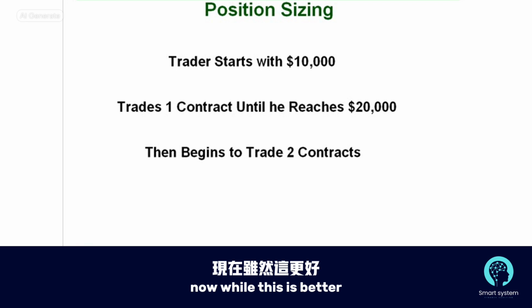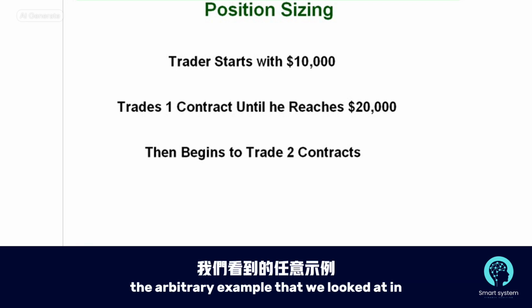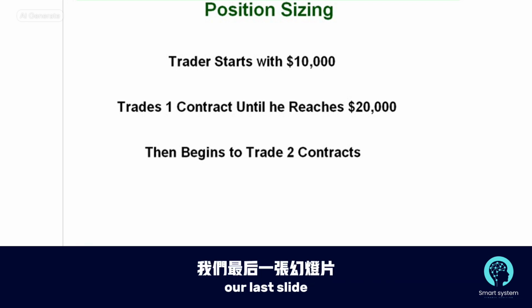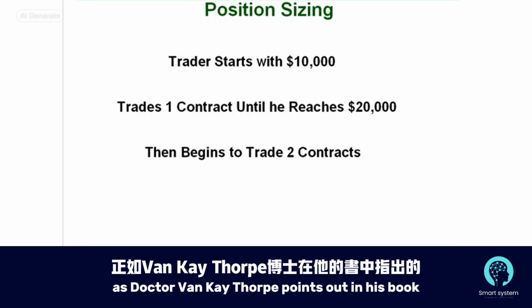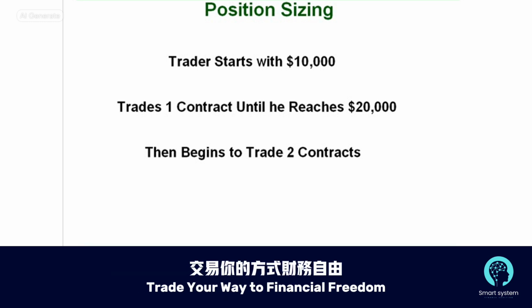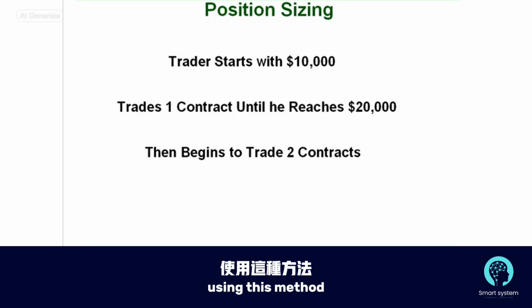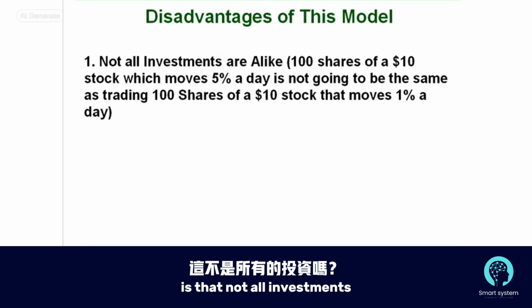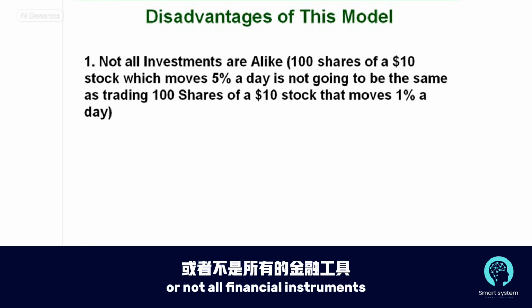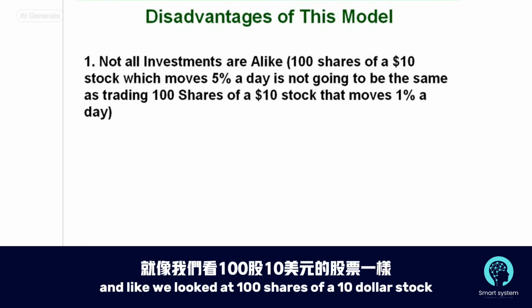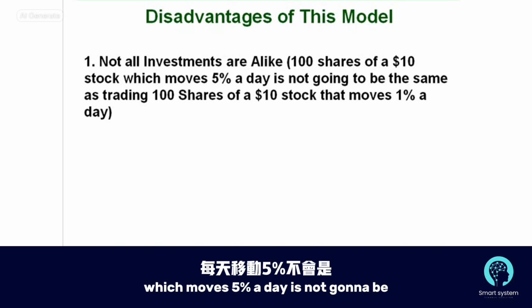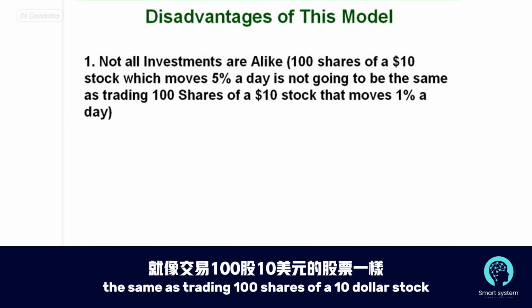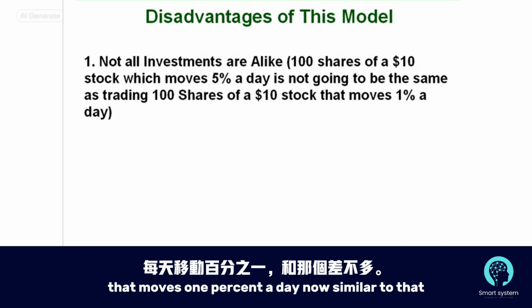Now, while this is better or more rational than the arbitrary example that we looked at in our last slide, as Dr. Van Tharp points out in his book, Trade Your Way to Financial Freedom, there are several distinct disadvantages to using this method. The first disadvantage is what we've already looked at: not all financial instruments are the same. Trading 100 shares of a stock which moves 5% a day is not going to be the same as trading 100 shares of a stock that moves 1% a day.